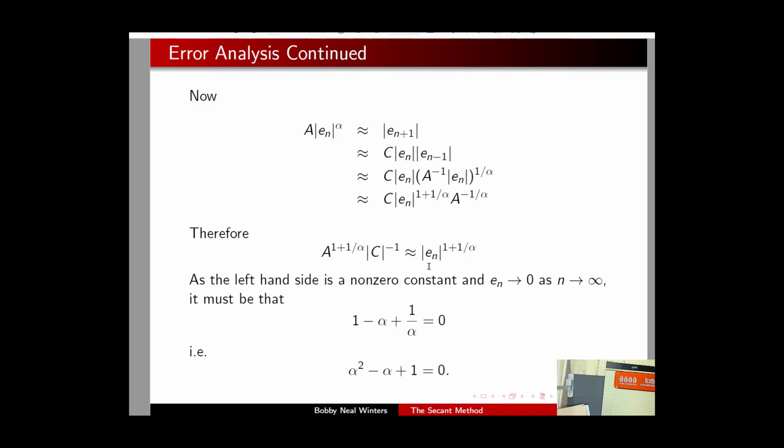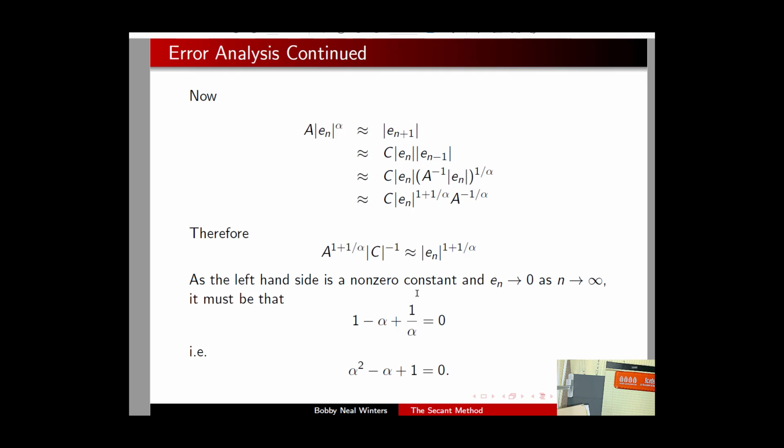We roll this down, and the algebra leads us to saying that a to the 1 plus 1 over alpha times absolute value of c to the negative 1 is approximately equal to absolute value of e sub n to the 1 plus 1 over alpha.